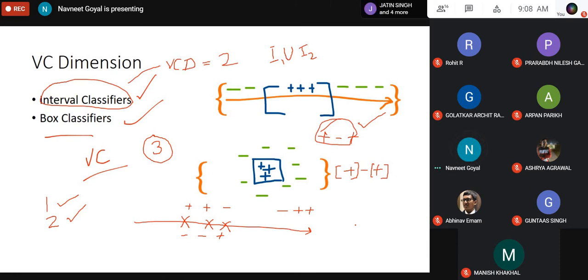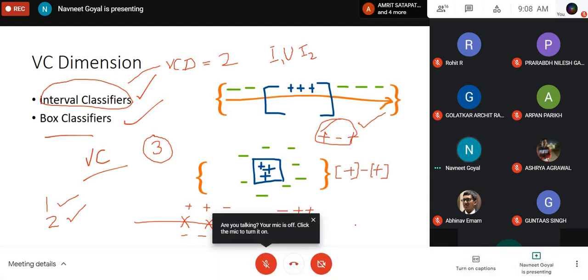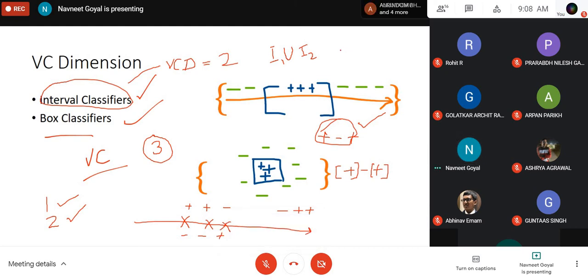So now if I am allowed two intervals, I am able to shatter 3 points. So what about 4 points? We can shatter 4 points also with two intervals. All of you are getting where we are heading, right?